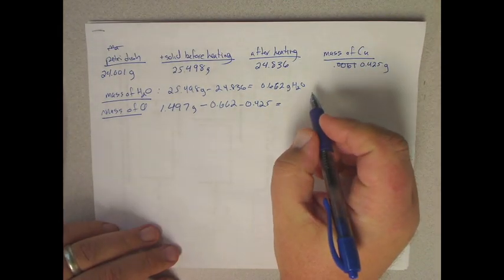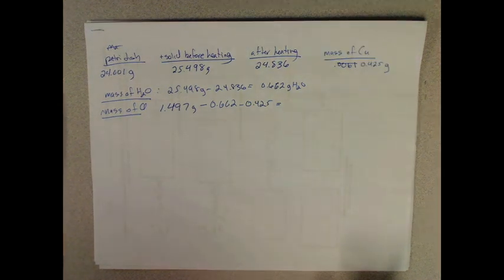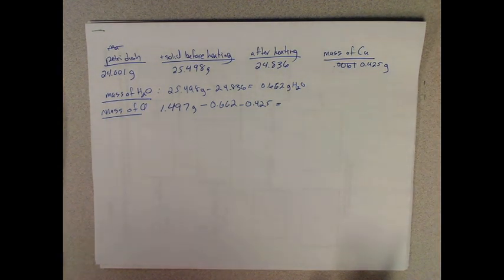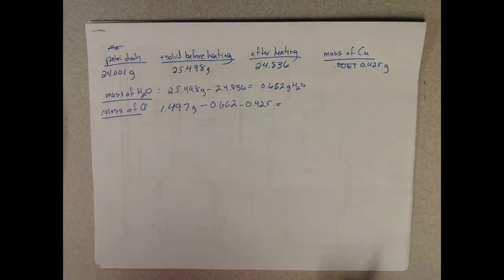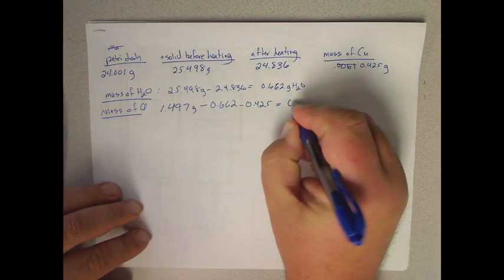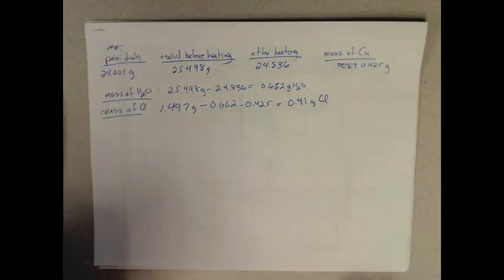And so then the grams of chlorine that we would have would be, I did not do this math real quick. That can't be right. 0.41 grams of chlorine.